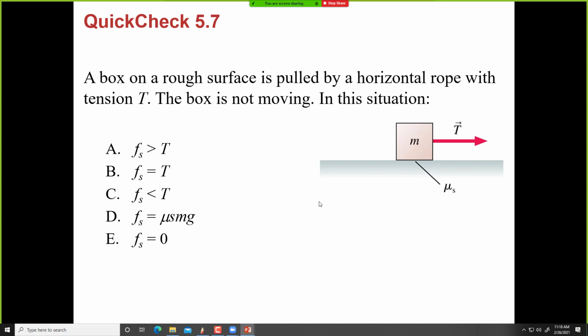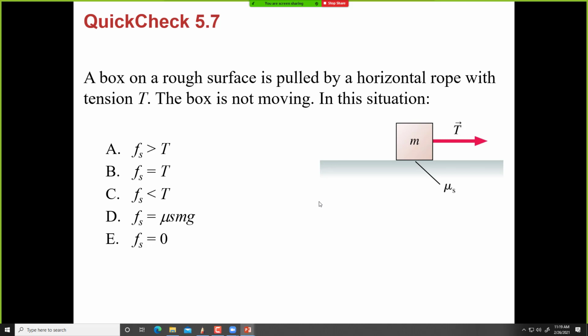Okay, so let's look at this question. So we have a box on this rough surface, and you're pulling the box using a string or a rope. Okay, so the force on the box would be the tension of the rope, and the box is not moving.